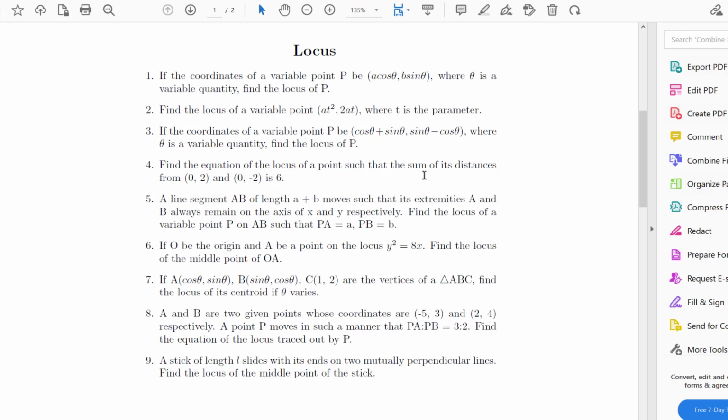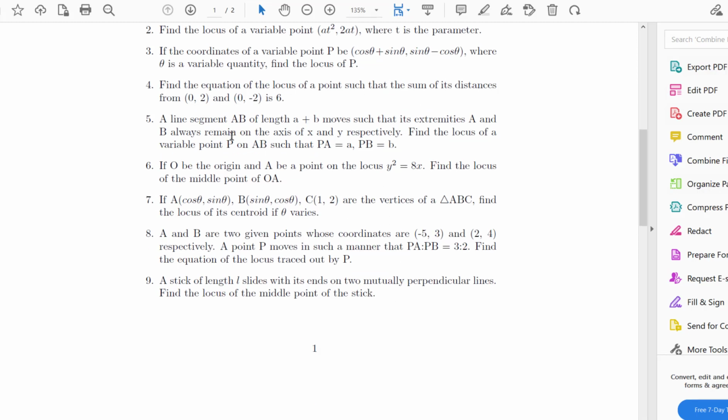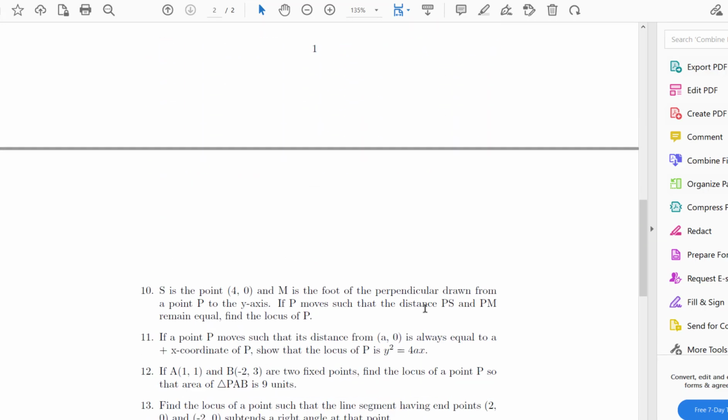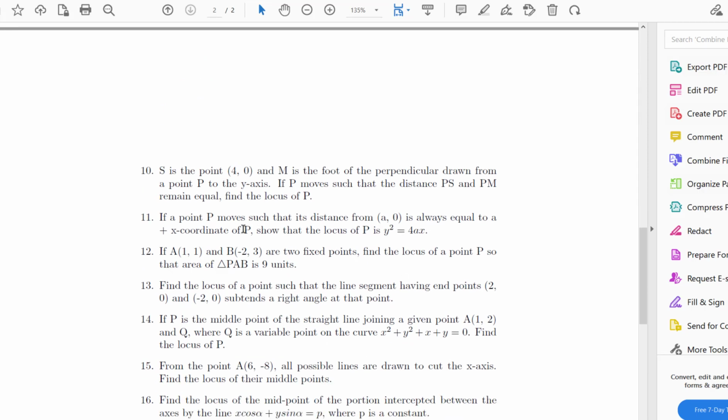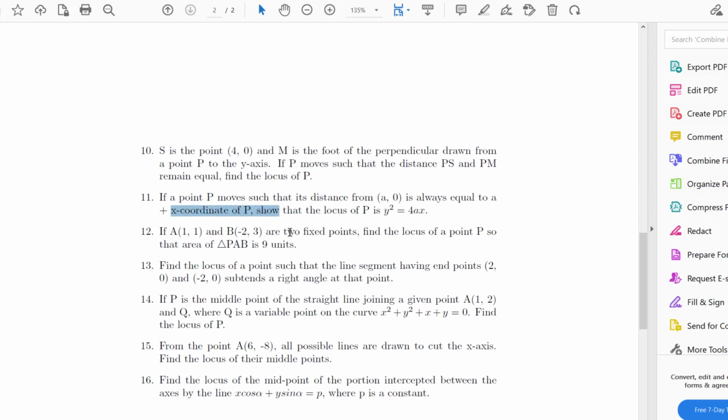Question could be the difference of its distance from this point and this point is 6. Distance is constant. Find the locus of a middle point. Find something like the distance is equal to some constant plus x coordinate. Find the locus where the area of a triangle is some given number.